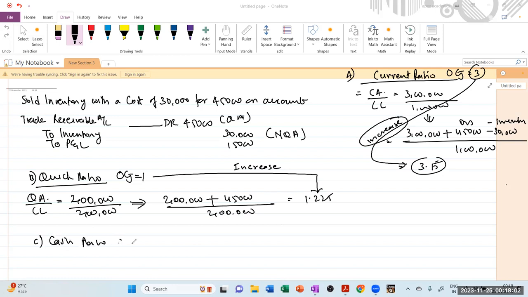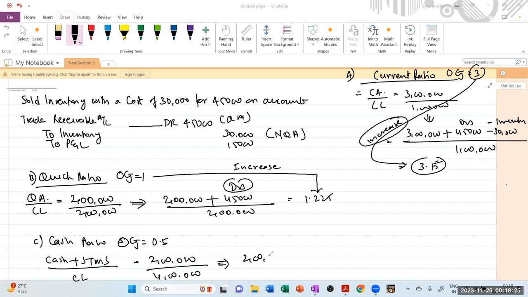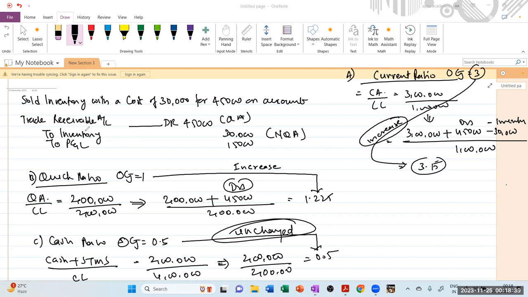Cash ratio. What is the original ratio? Now what will this become? This will stay unchanged. This is debtors, no? This continues to be unchanged. Am I clear about this? Yes or no? Yes, sir.